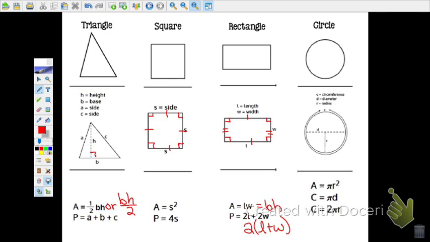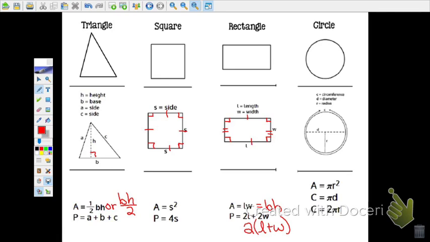Circumference, though, is measuring around the outside of the shape, just like perimeter does for our plane figures. Right? Area is calculating the amount inside. So again, vocabulary that you're familiar with already with a circle. Diameter goes through the center point all the way through the circle. Radius is half of your diameter, goes just from the center to the outside of your circle.